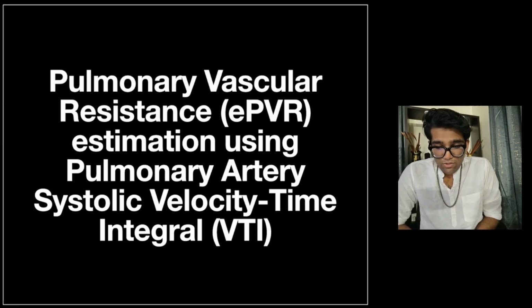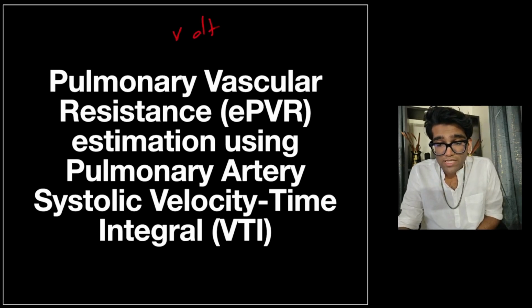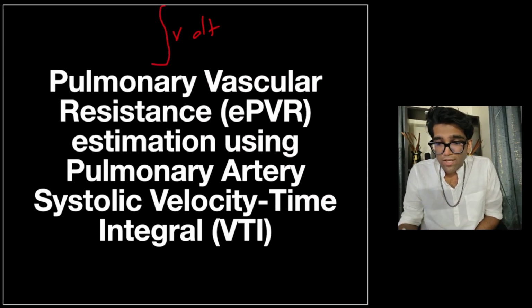time integral. Now, if you remember from our discussion on the assessment of systolic function of the left ventricle, the velocity time integral was what? It was just the velocity times the smallest possible change in time, the whole integrated over a span of time.